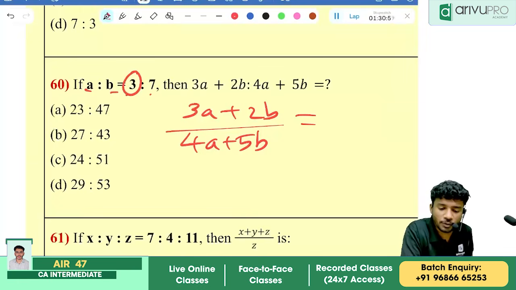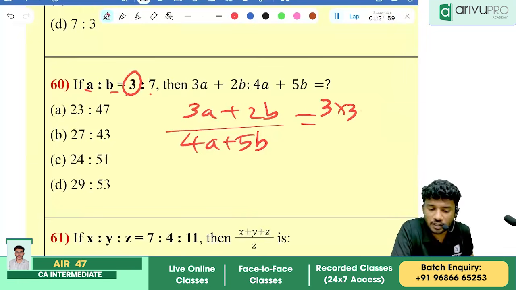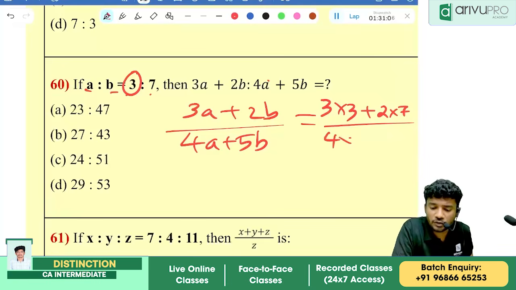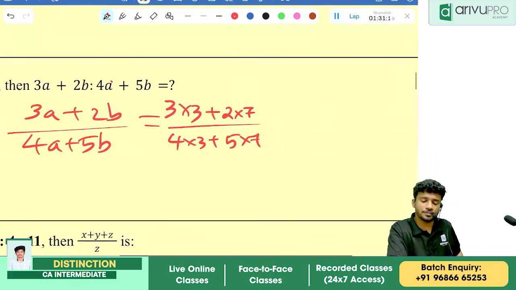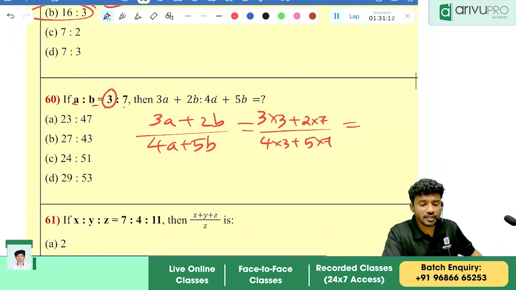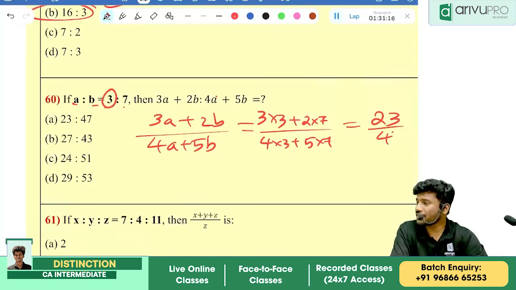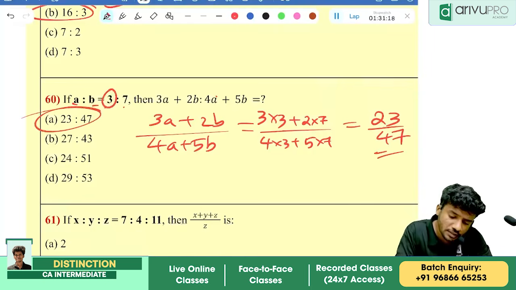Instead of a, you will put 3. 3 into 3 plus 2 into 7 divided by 4 into 3 plus 5 into 7. How much is the answer, people? 23 divided by 47. Everyone got that? Option A is the answer.